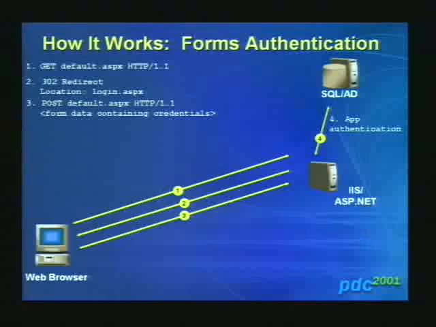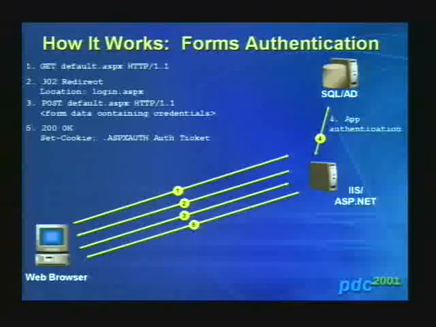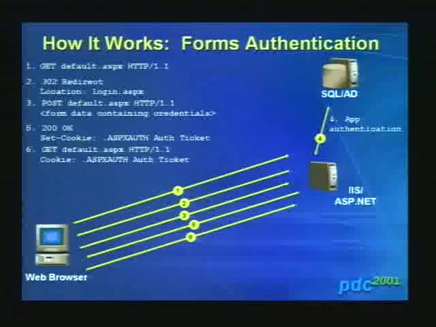If authentication succeeds, you call back into ASP.NET to say, I just authenticated John, go ahead and give him an authentication session. ASP.NET will issue a cookie which is configurable for lifetime and content and various sorts of things like that that defines the authentication session, and can optionally redirect the user back to the URL that they originally requested. This time they'll have the valid authentication ticket and access will be granted.